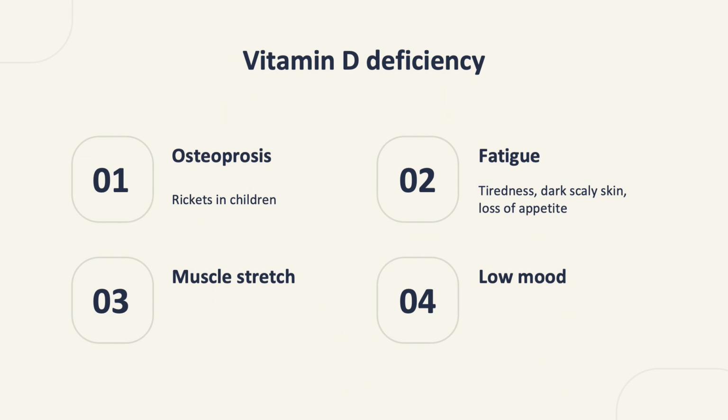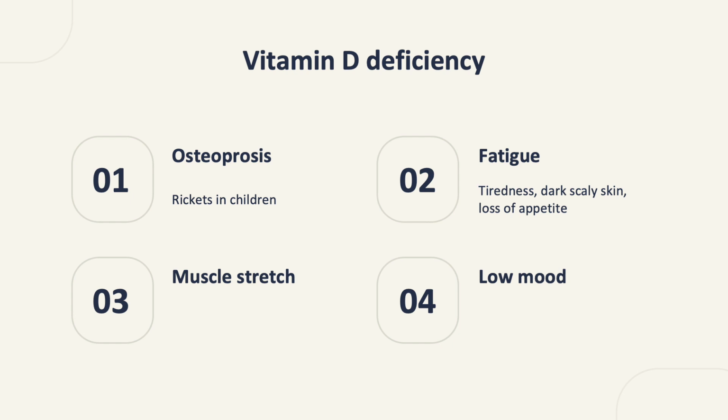So, vitamin D deficiency causes osteoporosis, which is the demineralization of bones, and multiple bone fractures. If the vitamin D deficiency occurs in children, it is called rickets. Number two, fatigability.